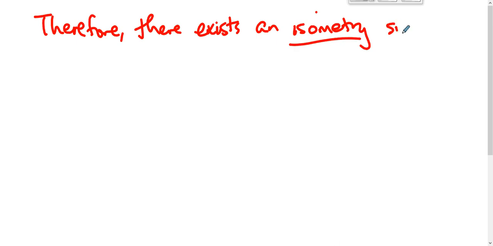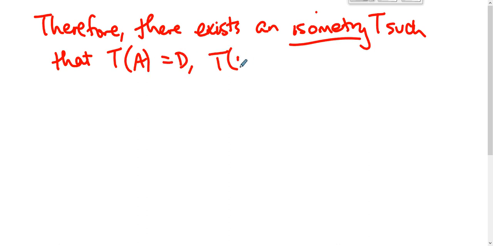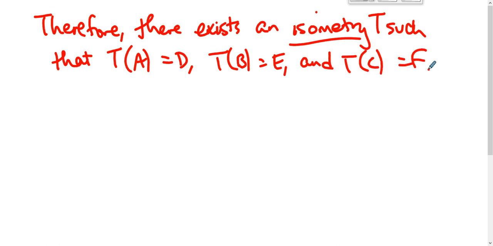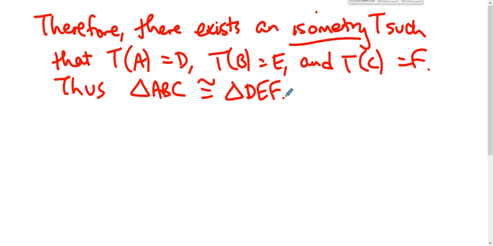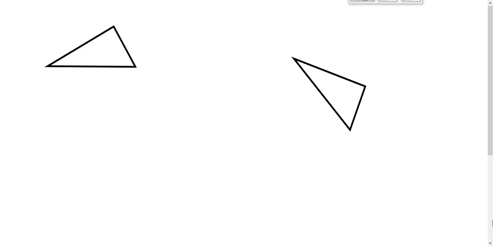So there exists an isometry T such that the image of A is D, the image of B is E, and the image of C is F. Thus, triangle ABC is congruent to triangle DEF, and we're done. This is how transformation-based proofs go. We find a transformation that puts one on top of the other.